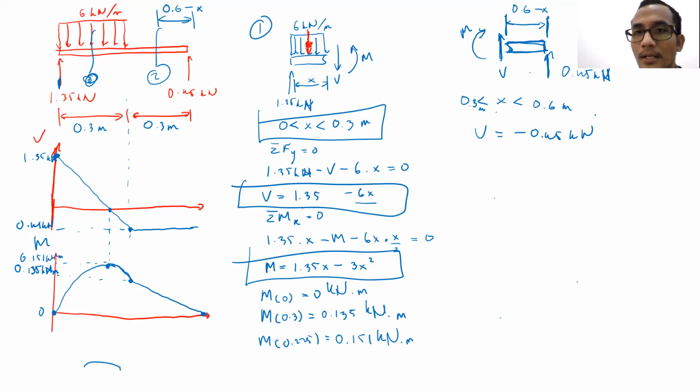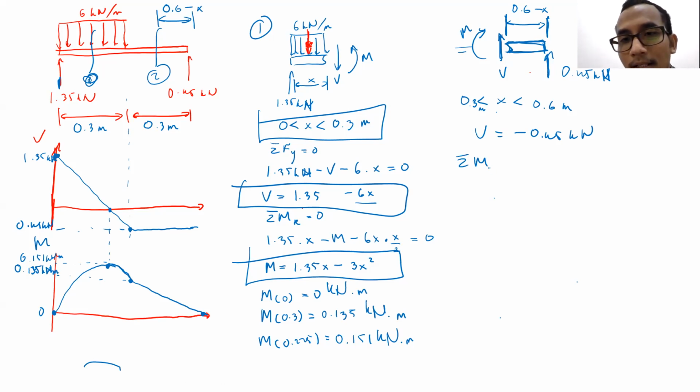what equation are we supposed to use in order to find the equation for the moment? Sigma moment on the left side or the right side.